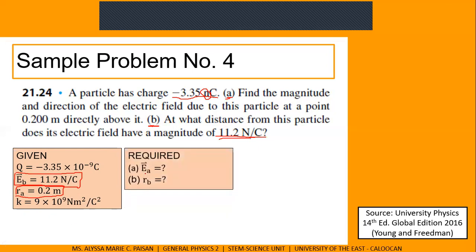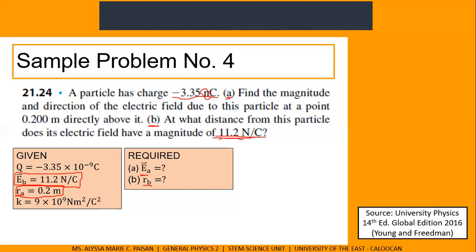Again, letter A, ang hahanapin mo is electric field. Para makuha mo yan, kailangan mo ng separation distance R sub A. Sa number 2 naman, ang hinahanap natin ay separation distance when the electric field has a value like this. Okay?